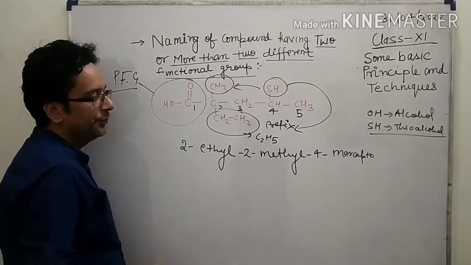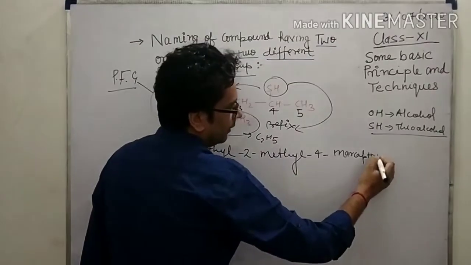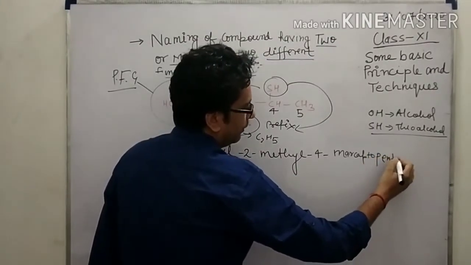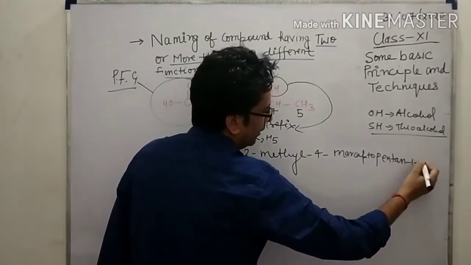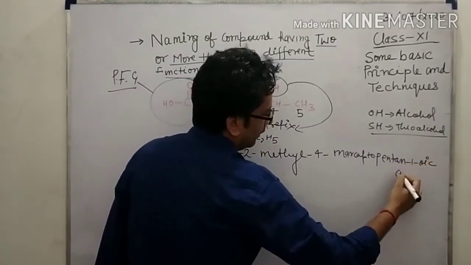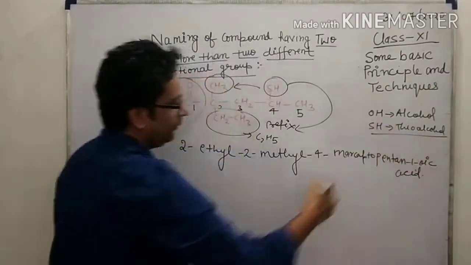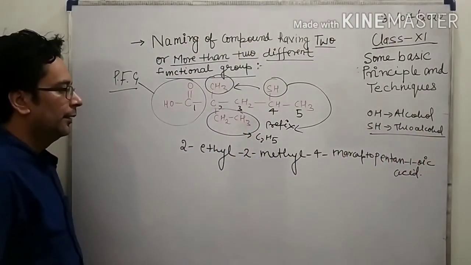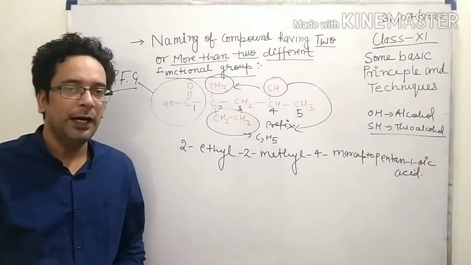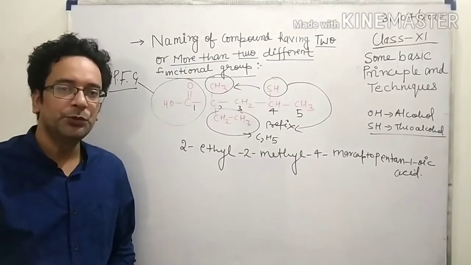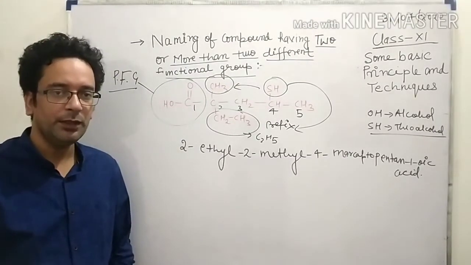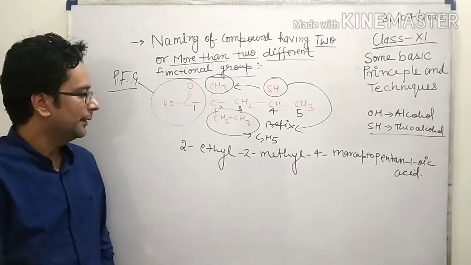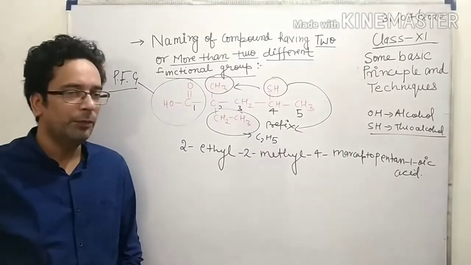Total number of carbon is 5. Pentane, 1-oic acid. This is another example based on a compound having two different functional groups. So take a screenshot of this and note it down in your copy.